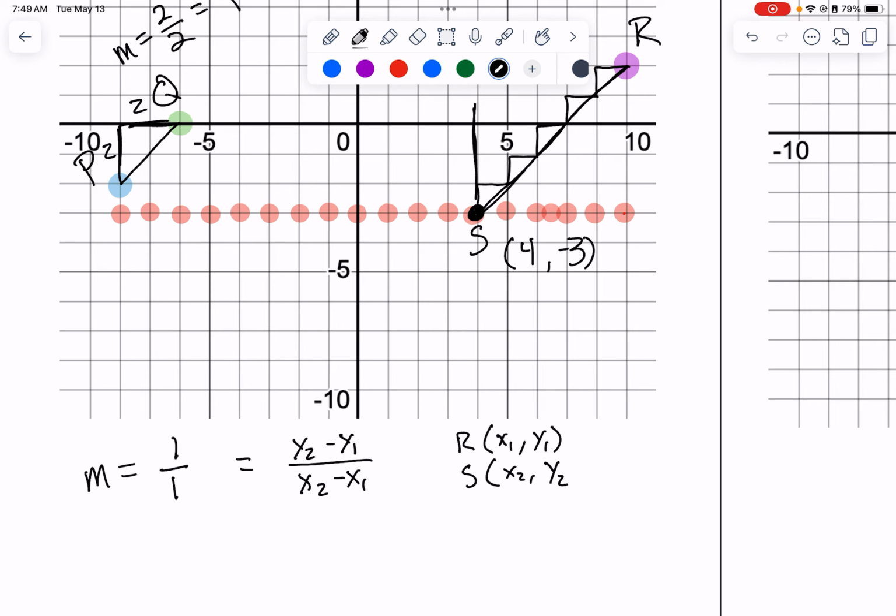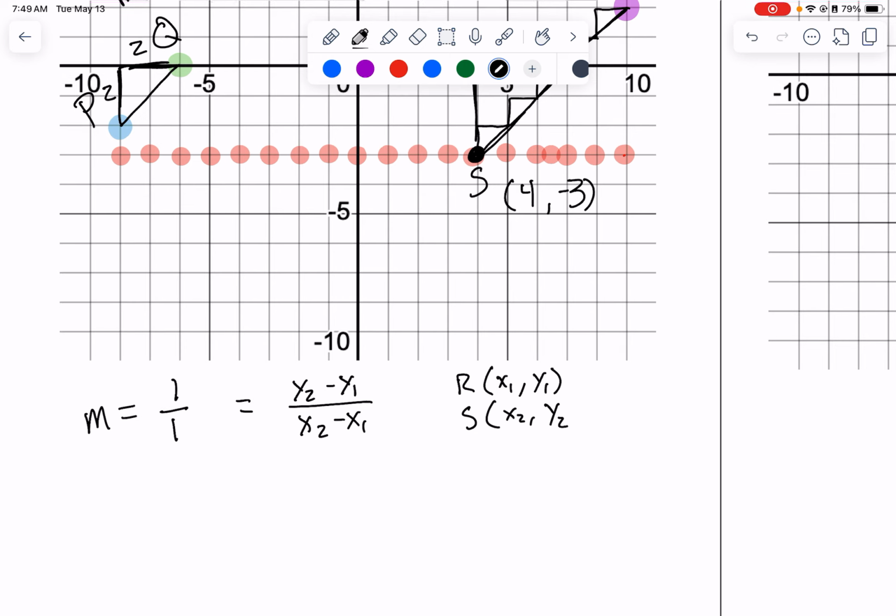And let's see what happens. Well, we know that the slope has to equal 1 over 1, and the y2 value is -3, because that's our something -3. And our y1 value was 2.